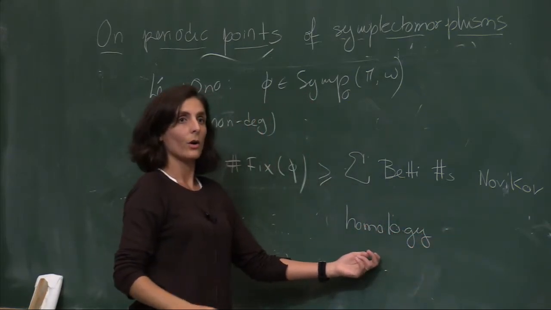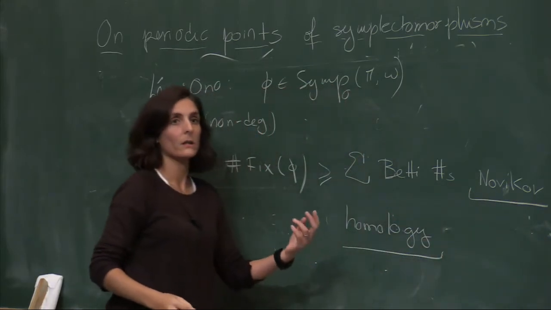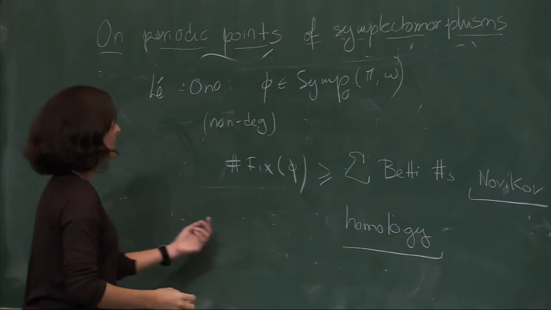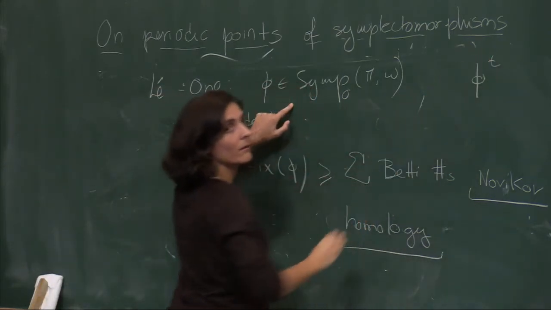This Novikov homology is associated with a closed one form, and here I have an isotopy, phi t.